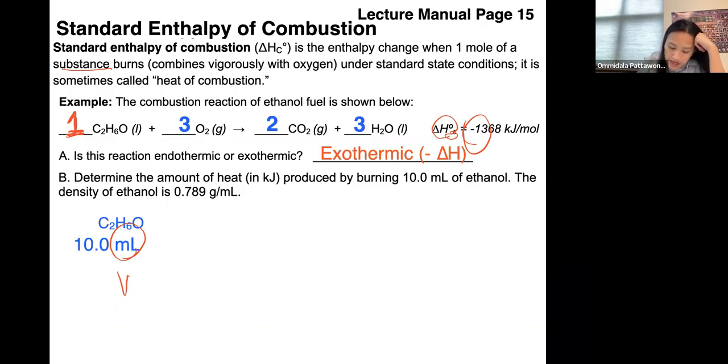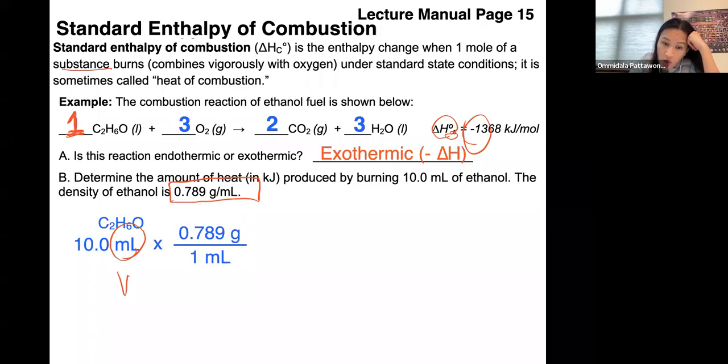You probably notice that there is one value that allows you to convert from volume to grams, which is density. So you are going to convert ethanol volume into grams using its density. Now, grams, remember, we always convert to moles, so you are going to convert to moles of ethanol by using its molar mass, and add them all together.